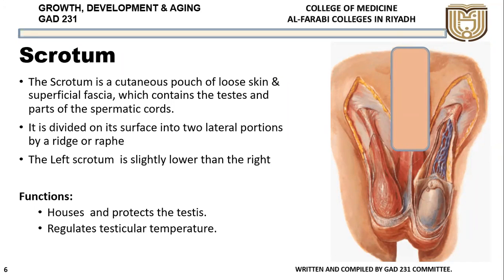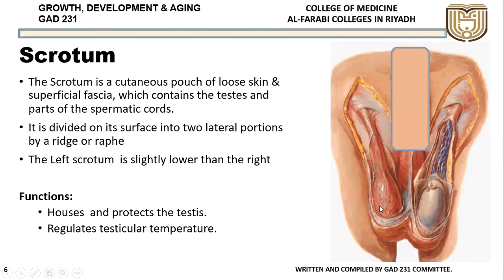If it is inside the body, it cannot do that, because the body temperature is slightly higher, and the testis needs a slightly lower temperature for spermatogenesis. So this bag will keep the testis outside the body and it regulates the temperature.